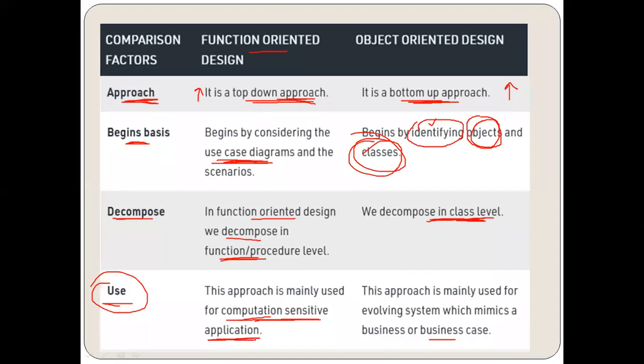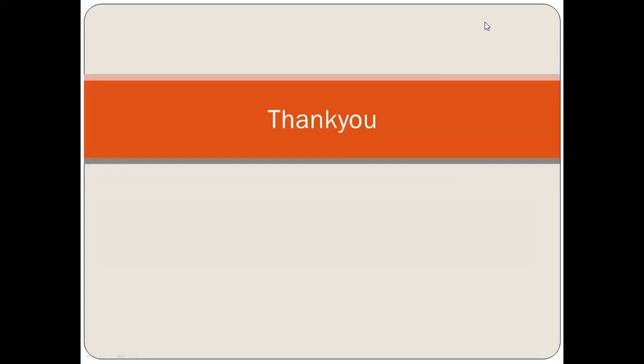There the object oriented technique does not work much. But when we have a basic scenario of a business case or business evolution which already exists, and we have certain idea about it, then we use the object oriented technique. So this is the difference between the two.